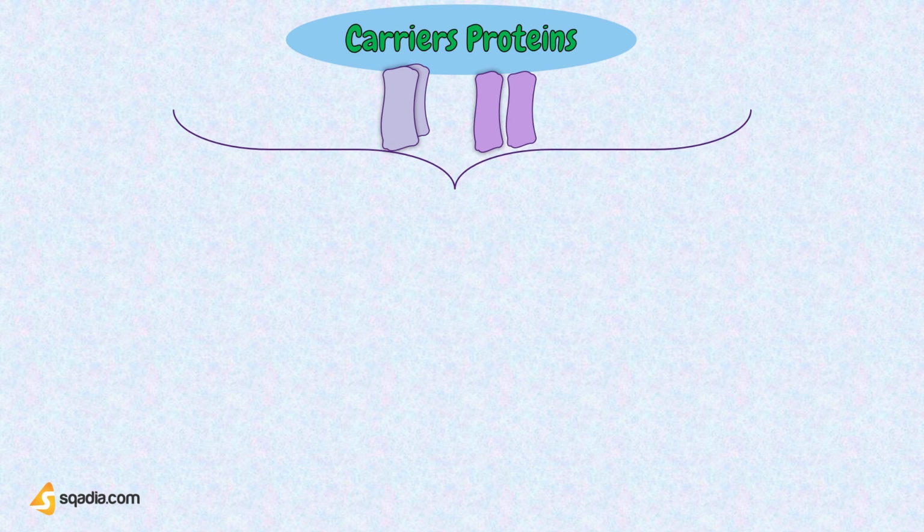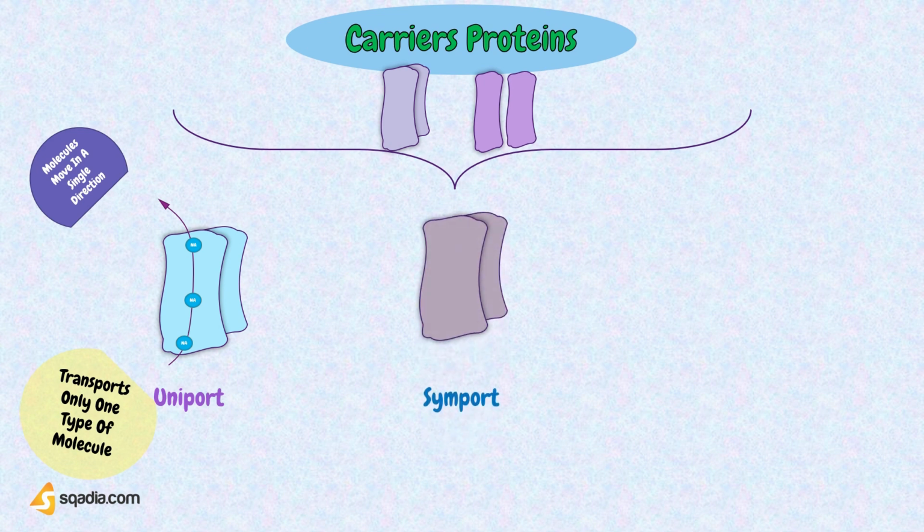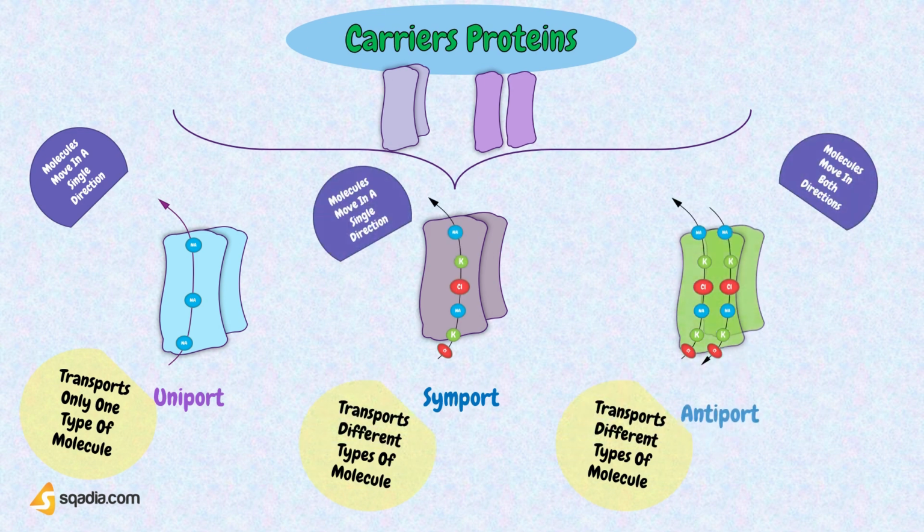They are of two types: uniport, and symport or antiport. 1. Uniport. Carrier protein that carries only one substance in a single direction is called uniport. It is also known as uniport pump. 2. Symport or antiport.